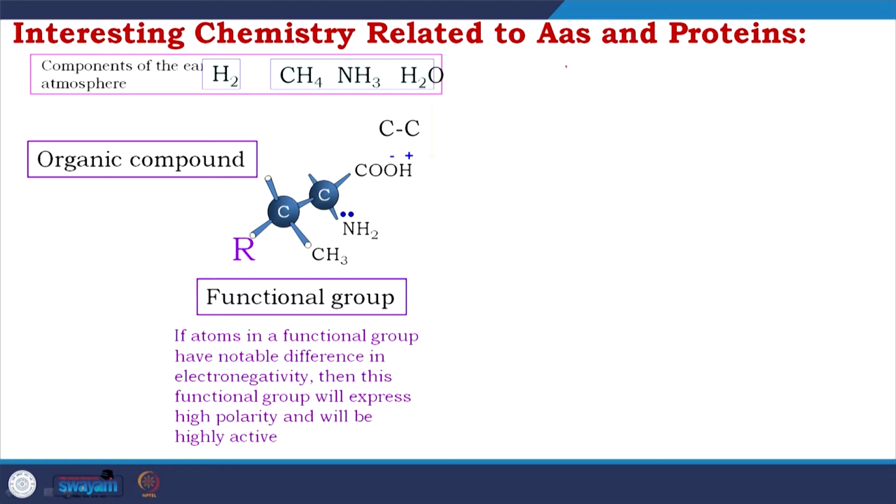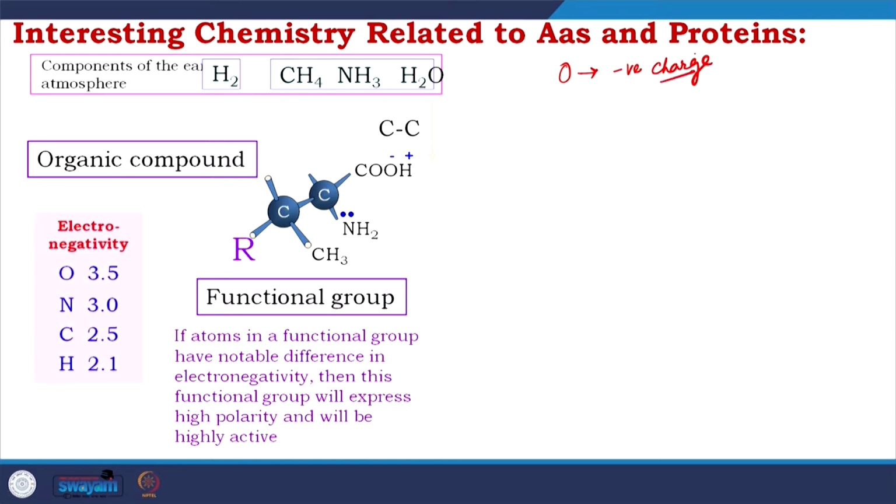One is oxygen, which is providing us negative charge, and we showed that oxygen is the most electronegative with 3.5 on the scale of electronegativity.